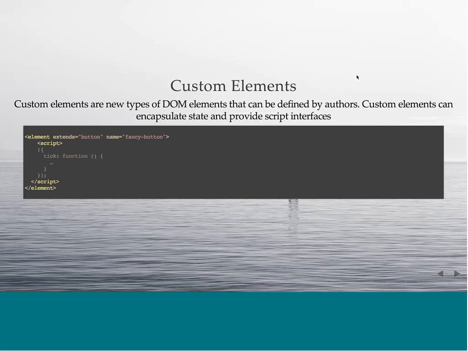So the next one is custom elements. Custom elements are a new type of DOM element that can be defined by the author. The custom element can encapsulate state and provide script interfaces. So you can see here we have an element that extends a button, and you gave it a name of fancy button. Then inside of it, you can have script tags that allow you to do things on that element.